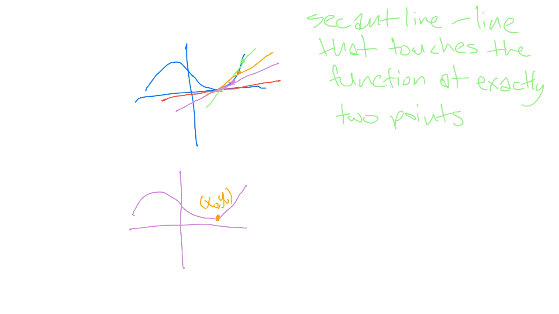And then we're going to have our point of approximation. Let's say we use this point right here, for example, and we're going to call this x and f of x. Well, we can just use our basic slope formula in order to solve for the m of that secant line, which is going to be our approximation.